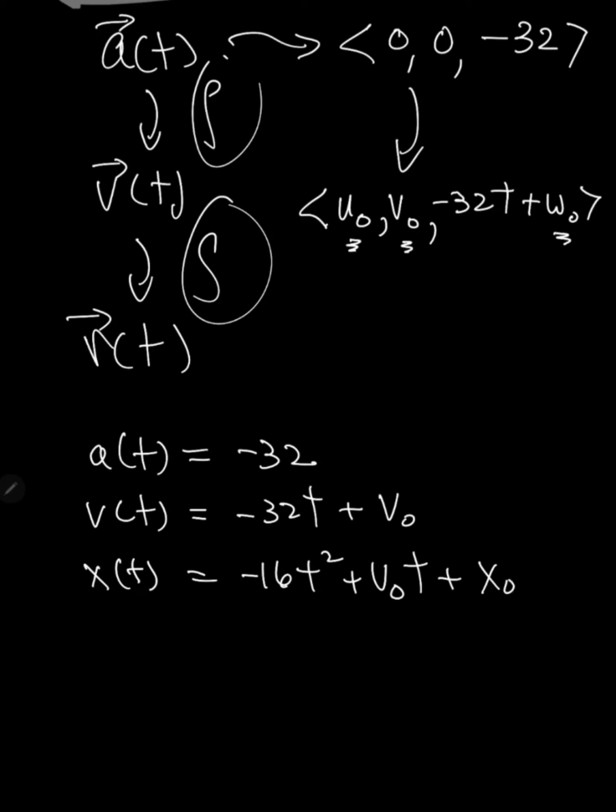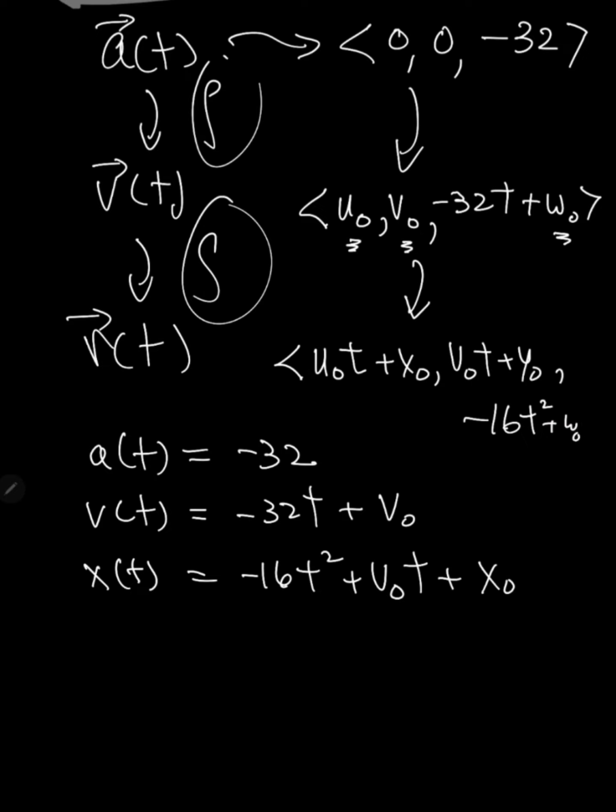So in exactly the same way, if we integrate again, we're going to get u0 t plus x0, v0 t plus y0, and then comma minus 16t squared plus w0 t plus z0. Now x0, y0, z0 represents your initial position.